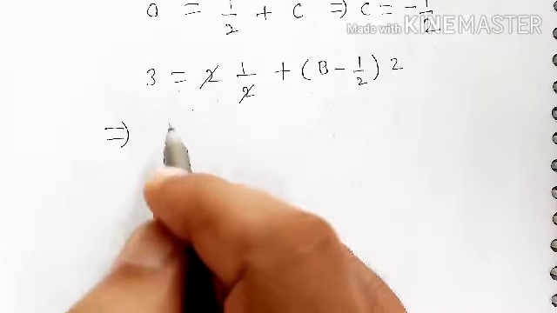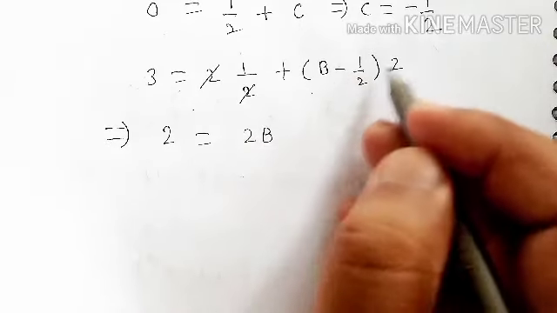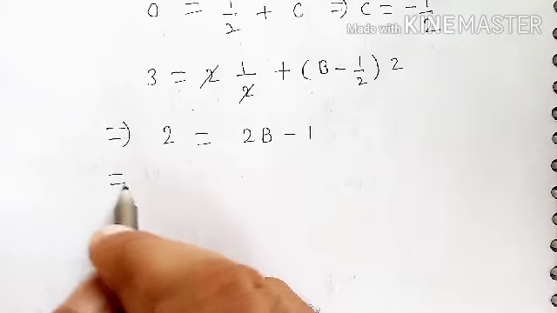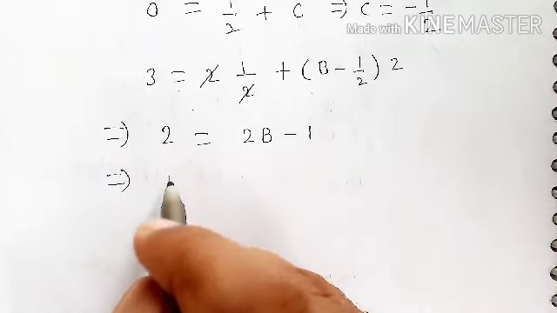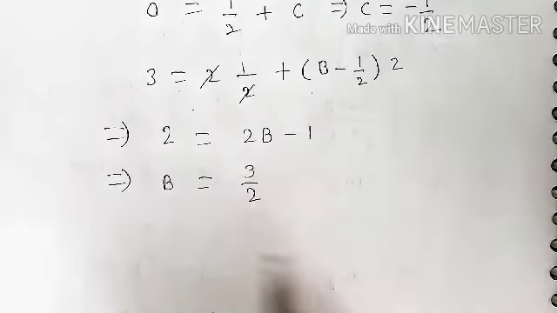Three minus 1 is 2, so 2B minus 1/2 into 2 is minus 1. So we have 2B = 2 + 1 = 3. So B = 3/2.